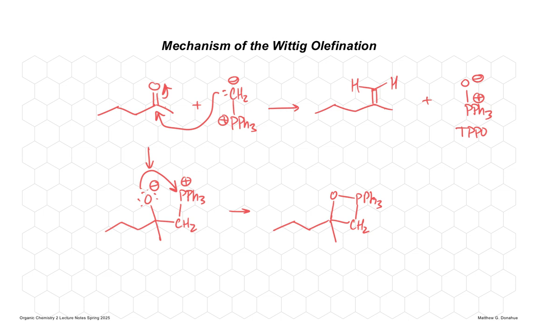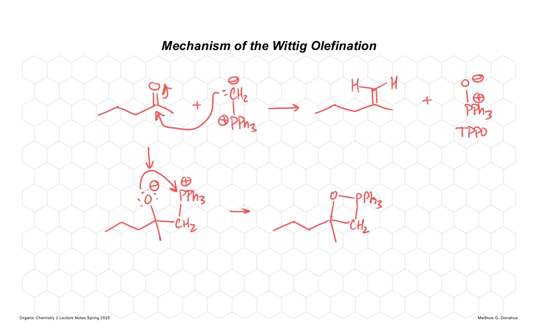So at this point, phosphorus has 5 things bonded to it. So it's now become neutral. It's allowed to do that because it's in the 3rd period of the periodic table and it has these other orbitals it can access. So what do we need to do now? We need to get rid of that PO bond and then form the carbon-carbon double bond.